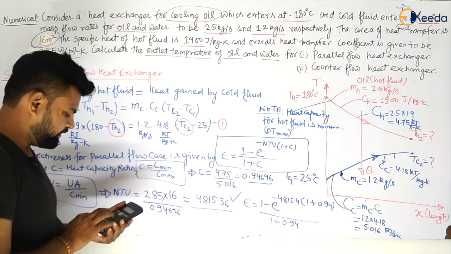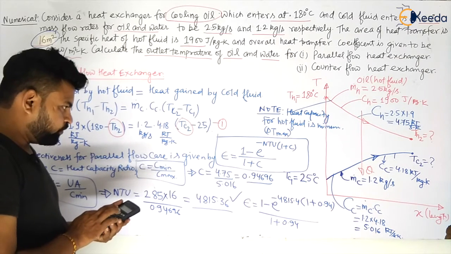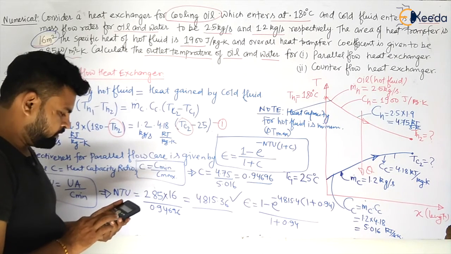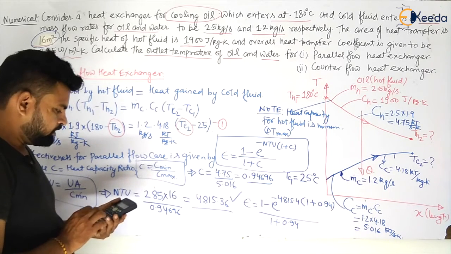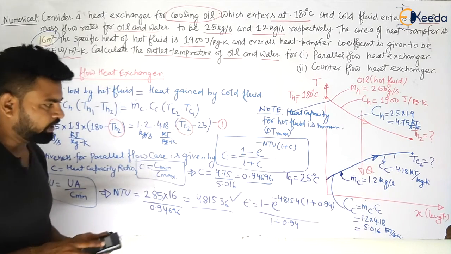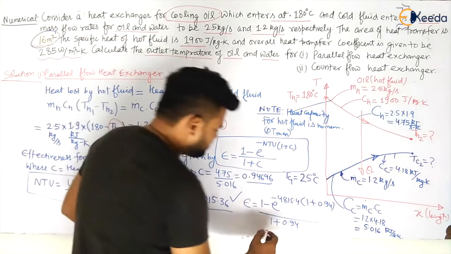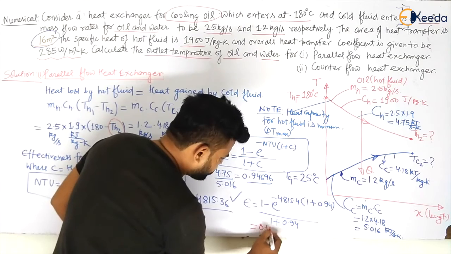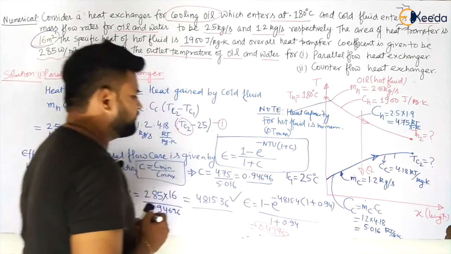Let us calculate the value: 1.94 multiplied by 4815.4 minus 1, and this value will be equal to 0.4345, my dear students.